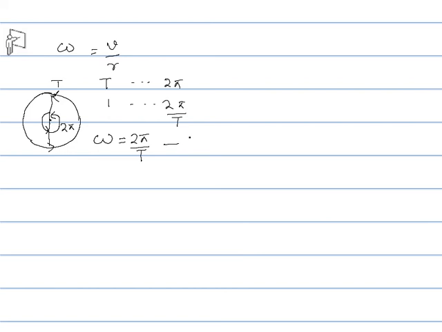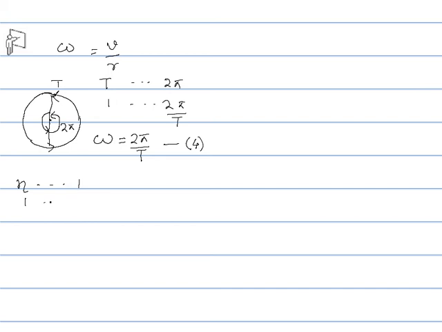Say this is equation number 4. Now frequency. What is frequency? The number of revolutions made by the particle per second. If n is the frequency, it means the particle makes n rotations in 1 second.